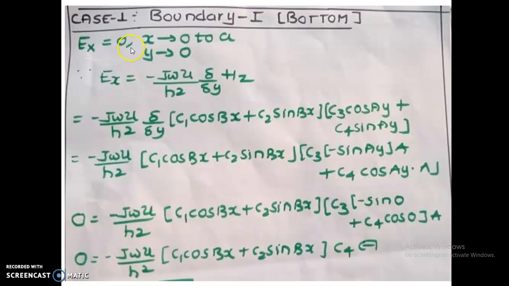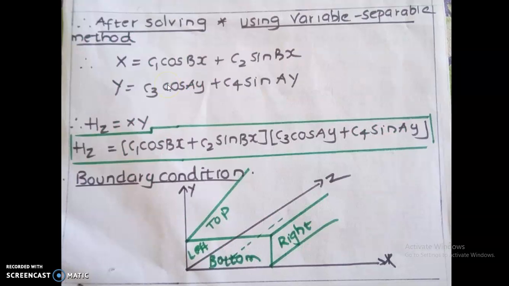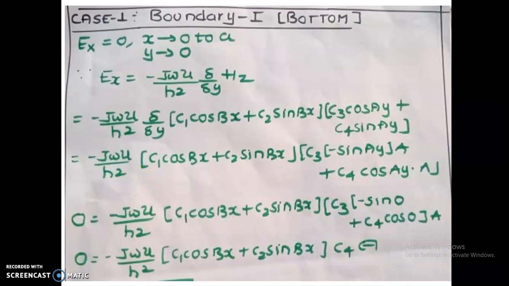So Ex is equal to 0 at the bottom, which runs from 0 to A, with y from 0 to B. At the bottom we have to observe that we travel from 0 to A and the y axis should be 0, as we discussed in the previous also. So x goes from 0 to A and y is equal to 0.